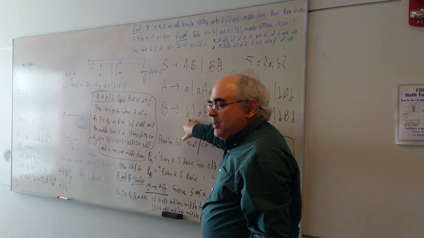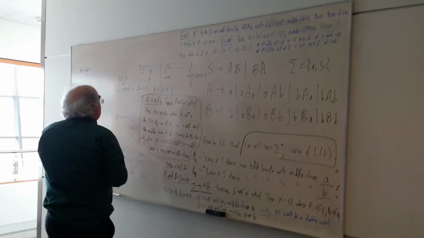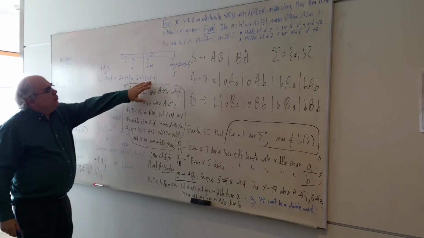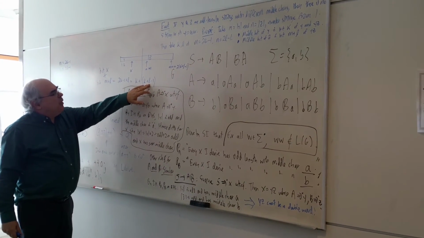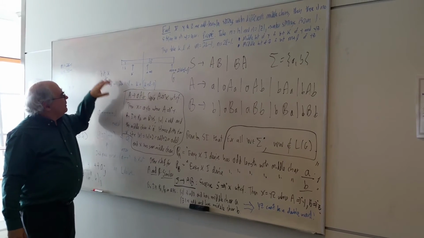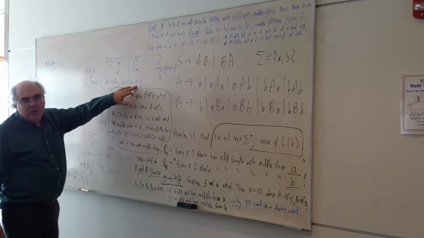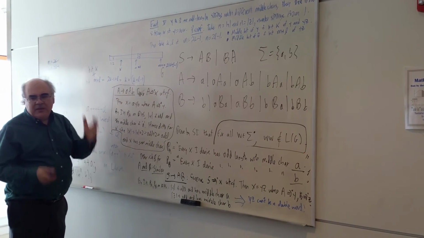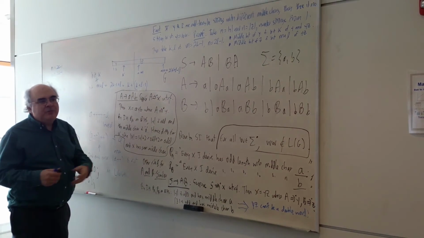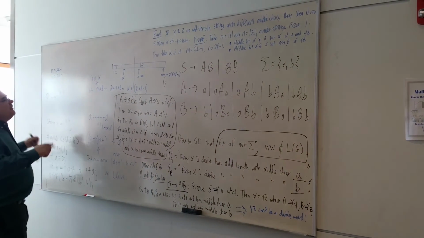Because one of them came from A and was a little a, the other came from B and was a little b. So now we have two strings of length 2 times K plus L plus 1, such that bit K and bit K plus half the length are different. Those are the bits that line up, which show that they can't be the same string.